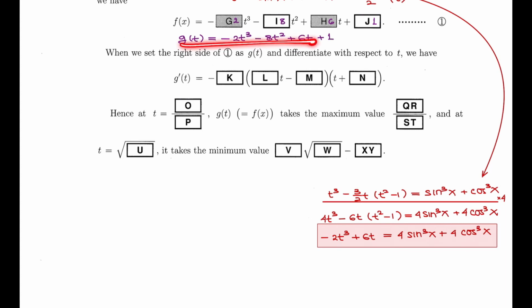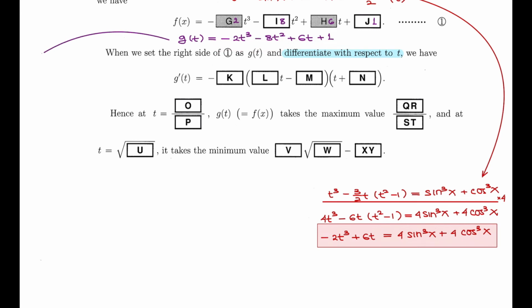This is g of t. And differentiate it with respect to t. So we have to differentiate this equation with respect to t. We have g prime t equals blah blah blah.